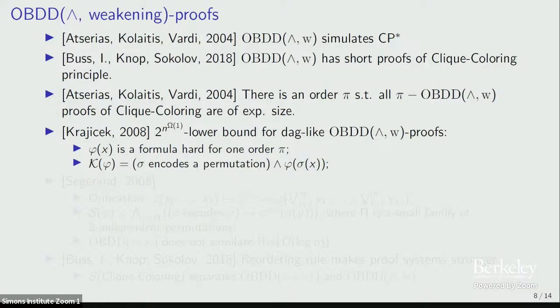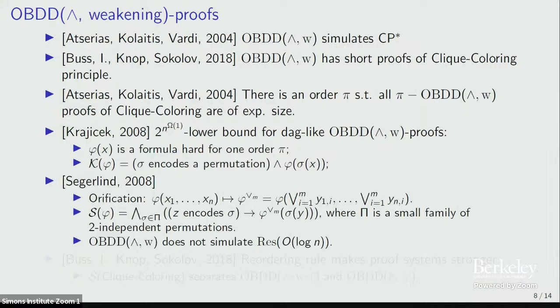Assume that this formula has a short refutation in some order, but we know that there is a hard order, and we substitute this hard order into sigma, and that's how we get a refutation of phi in the hard order, and hence it should be of exponential size.